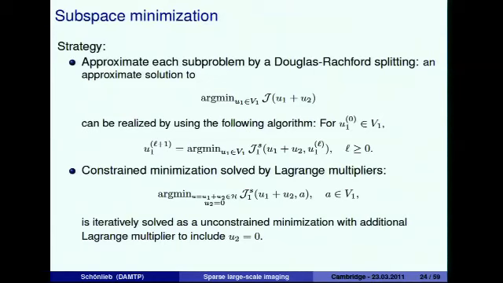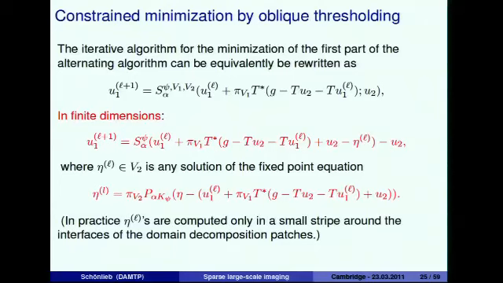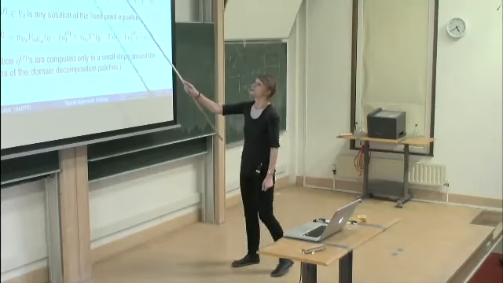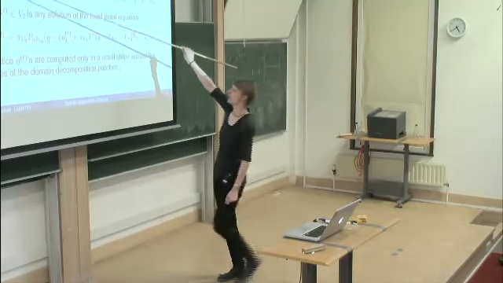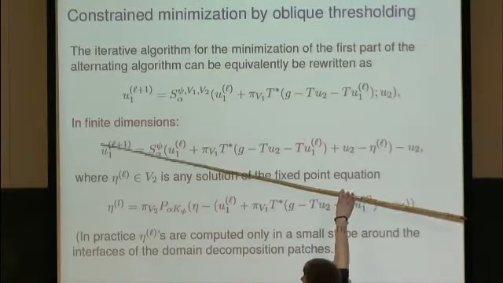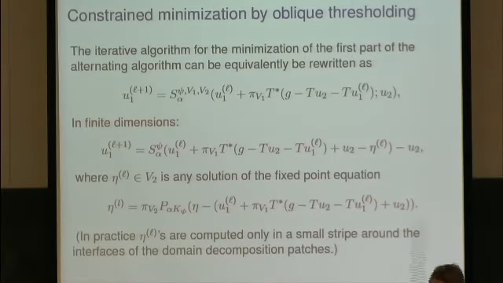One example of how we might want to solve this is by what we call oblique thresholding. It basically consists of two parts. The one is just the usual iterative thresholding for the total variation. And the second one is a Lagrange multiplier for the constraint that my solution is 0 on the other space.